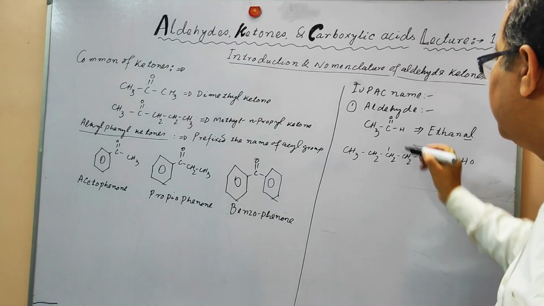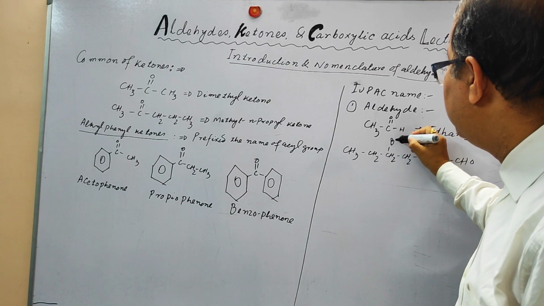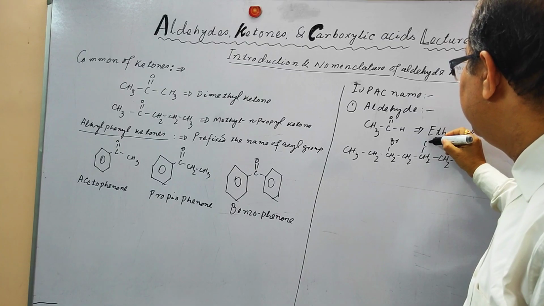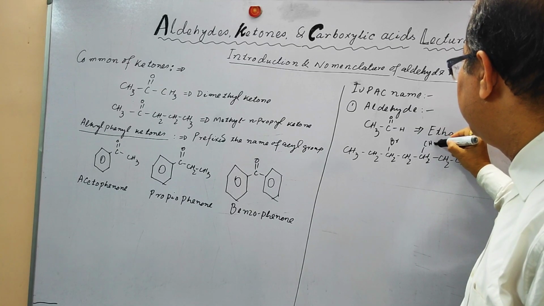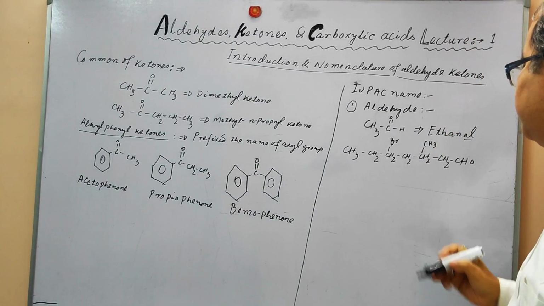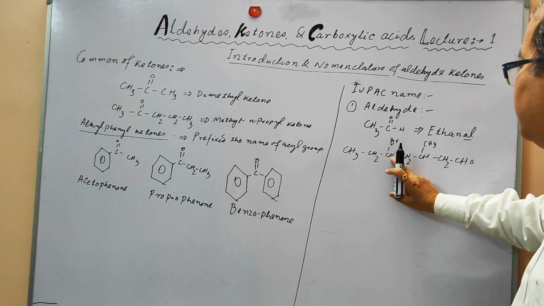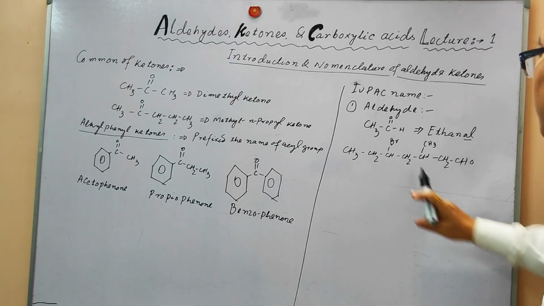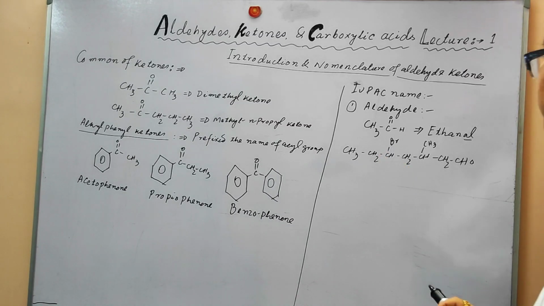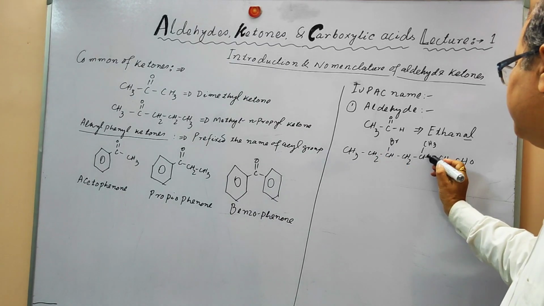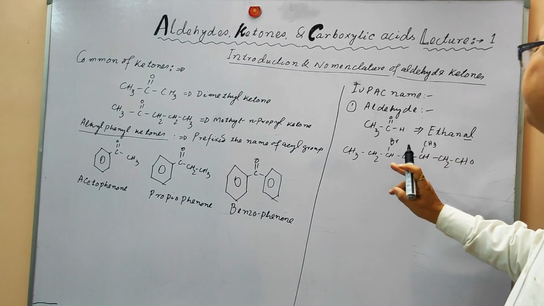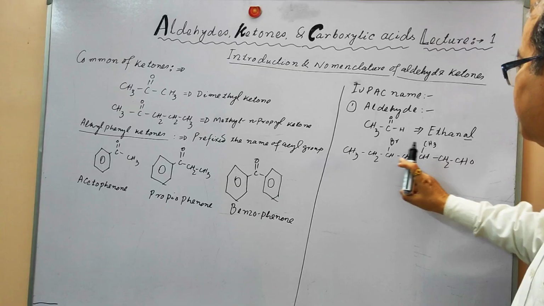Suppose in this position there is one bromine substituent, and in this position there is a methyl substituent, and you have to make the bonds 4, since carbon has 4 bonds, so hydrogens have been replaced here. How do you name this? Here there are 2 substituents present, in this position and this position.